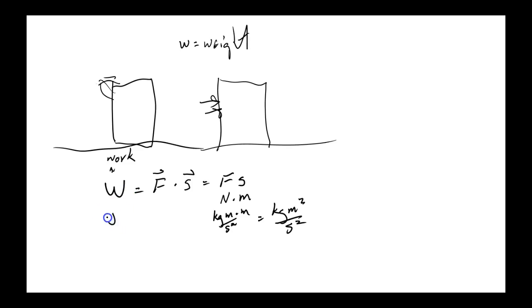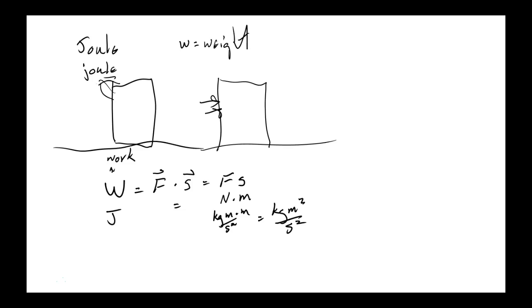So they named the unit of work after him. A joule is a newton meter. And that joule, by the way, is spelled J-O-U-L-E. That's his name, capitalized. The unit is usually not capitalized. The symbol is capitalized, but the unit isn't. That is a joule. Okay? That's the SI unit for work. It's a kilogram meter squared per second squared.